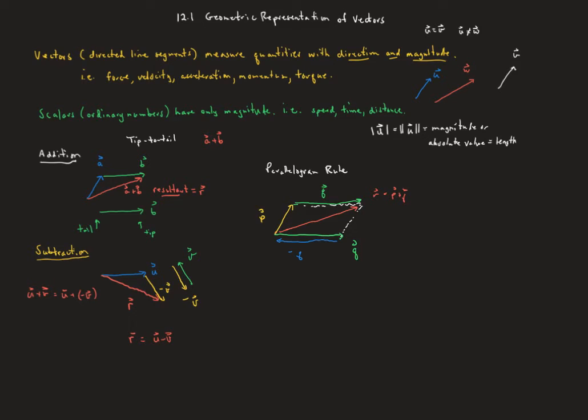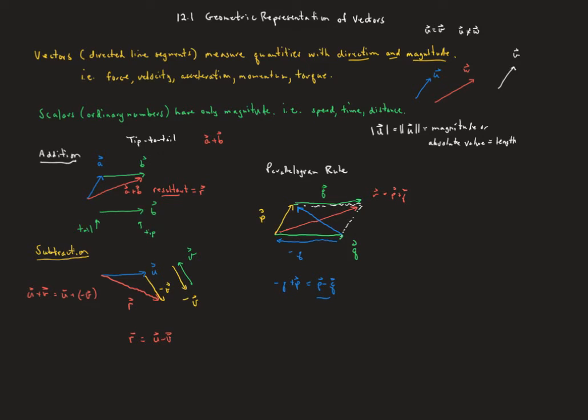So if I look at that vector negative q plus p, which is the same thing as p minus q, then that is going to be the other diagonal of that parallelogram. So that vector right there is the vector p minus q.